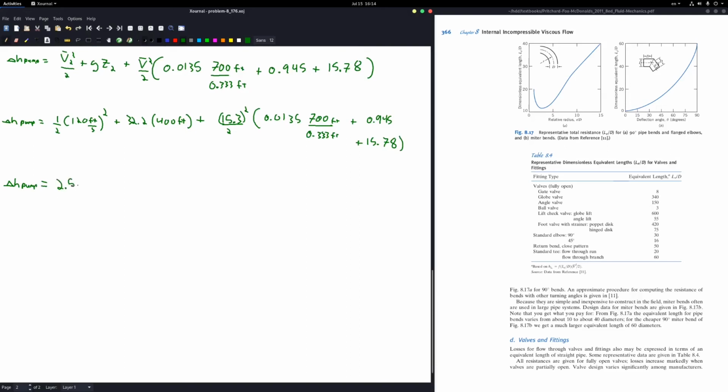And what we obtain is that the H of the pump is 2.53 times 10 to the 4 feet squared divided by second squared.